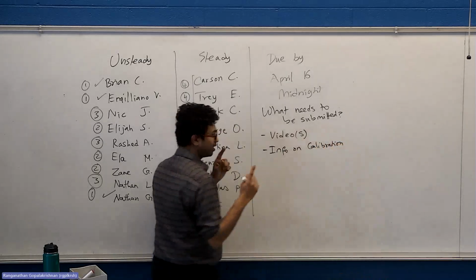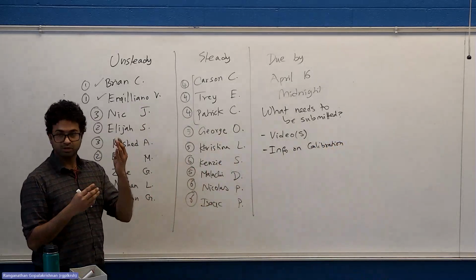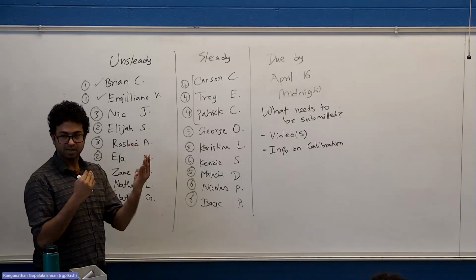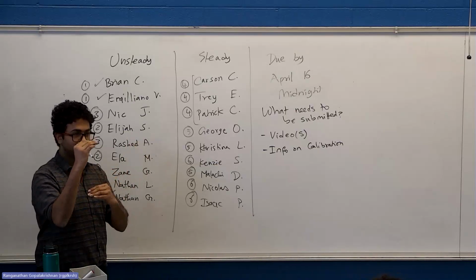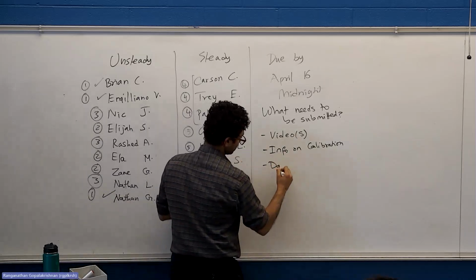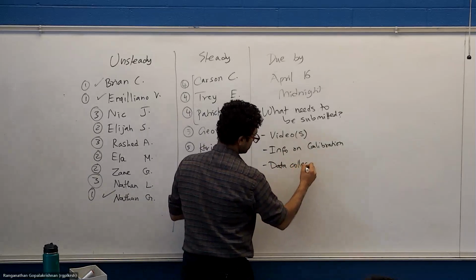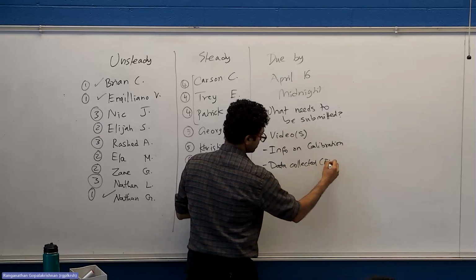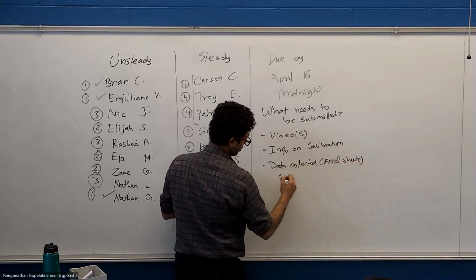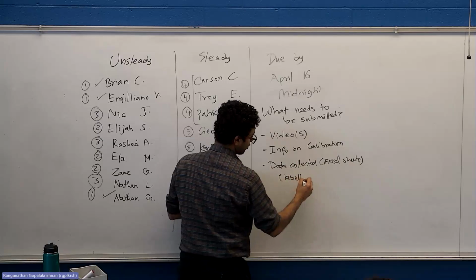Could be a separate video or an image you took that shows the ruler or some kind of a length standard that is used to understand how much distance is in the frame. Data collected as an Excel sheet and labeled so that I can understand what the data is.